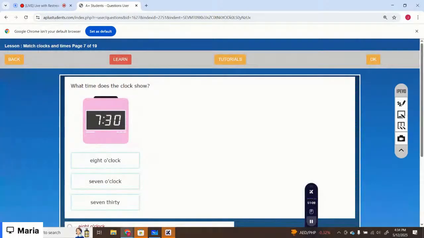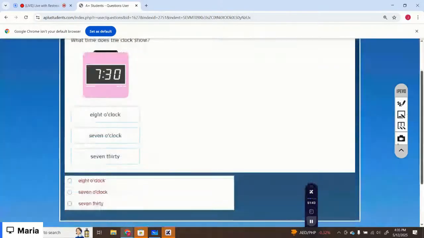What time does the clock show? The correct option is 7:30. The last option is the correct option.